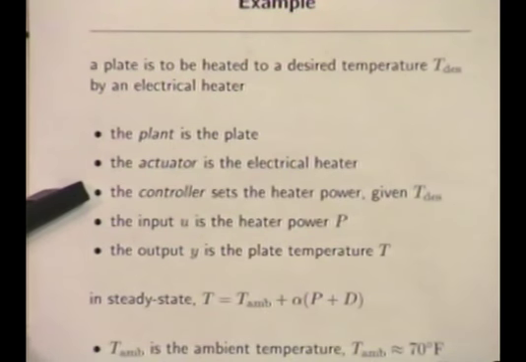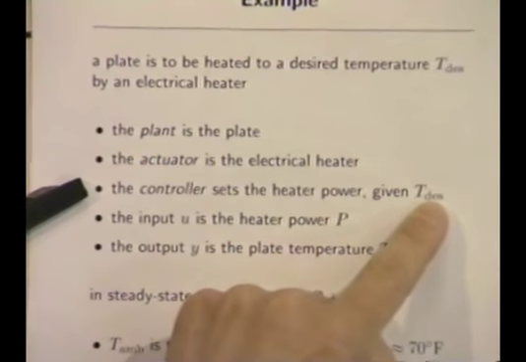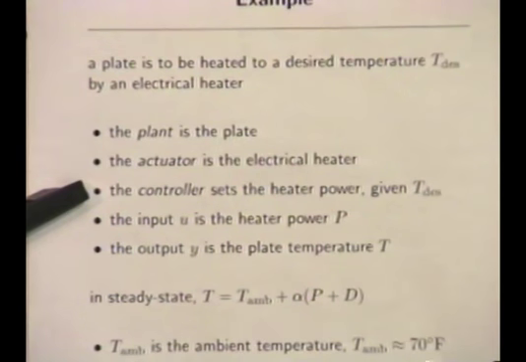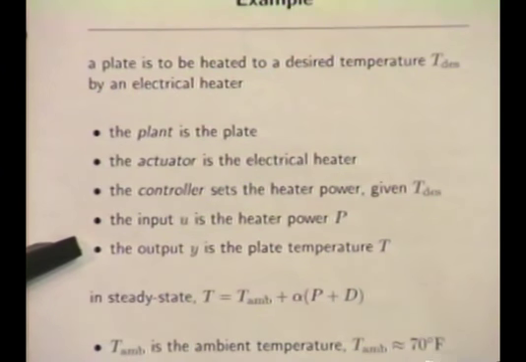The controller is some kind of box, could be some electronics, that reads the command, which is T desired, and produces the heater power. So it says that 25 watts or 90 watts should go to this plate. And the output, Y, is the plate temperature, T. So that's what we have.